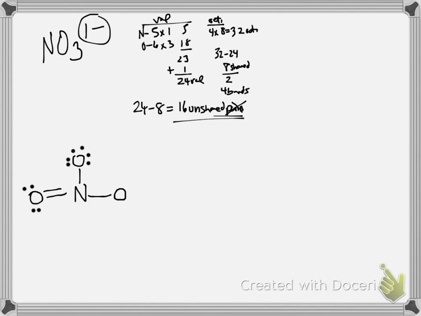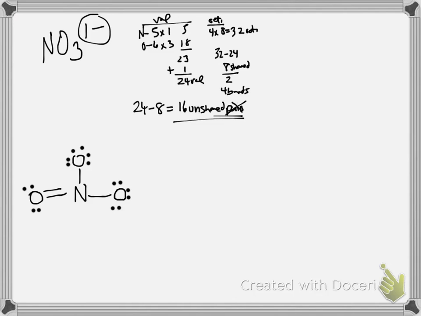Okay, so we've got 2, 4, 6, 8, 10. So we need 6 more. How many unshared electrons does this oxygen need to feel satisfied? 6. Funny how that works out. 1, 2, 3, 4, 5, 6.